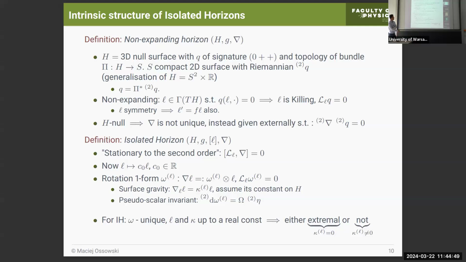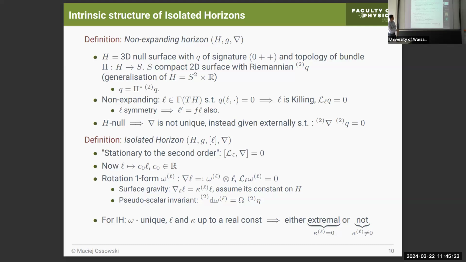And the last important component is that we have the omega, which is like a pseudo-scalar rotation invariant, which is calculated by taking an exterior derivative of omega, and this eta is a surface form associated to Q. By these tools, I mean that you have to actually take the pullback to some local section of the horizon.